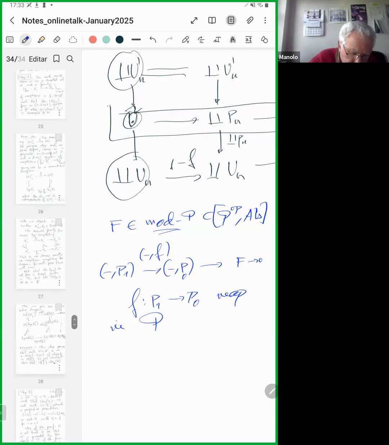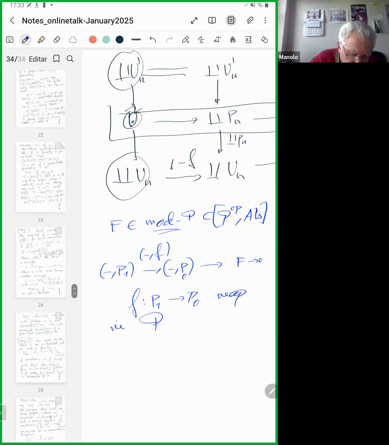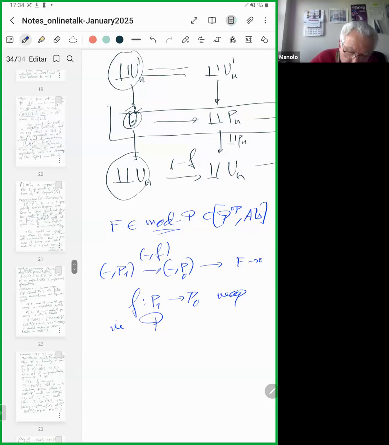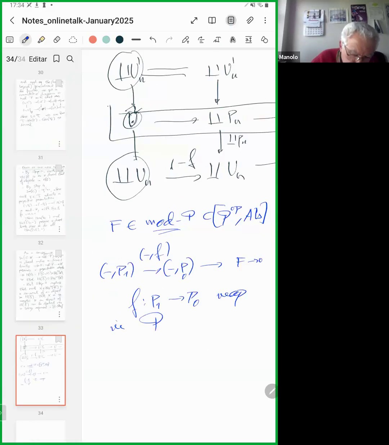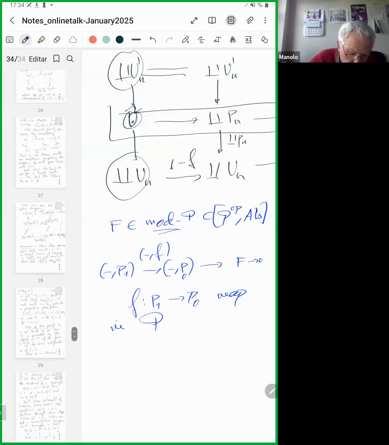Why is it important? Because there is an adjunction that we show in the paper with Stovicek.